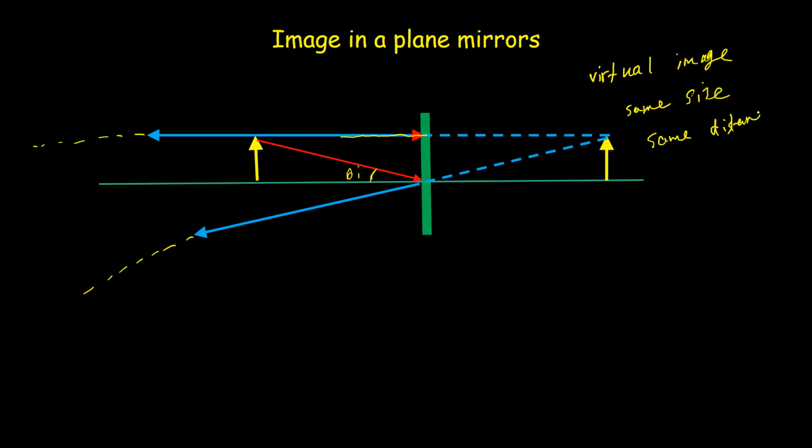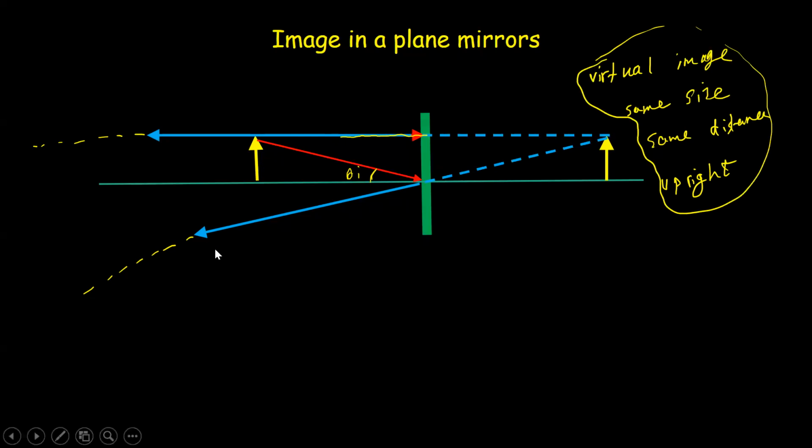Also, you can see the image is upright. So the properties of the image in a plane mirror are always these four, and the reflected rays are always diverging.